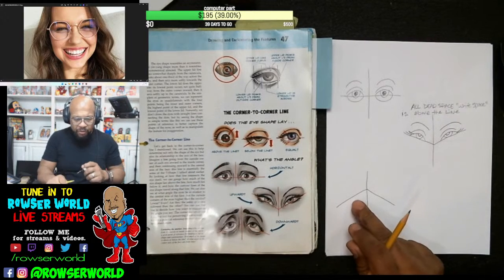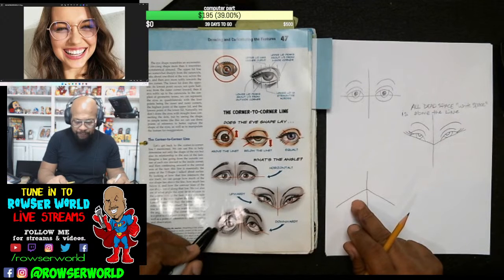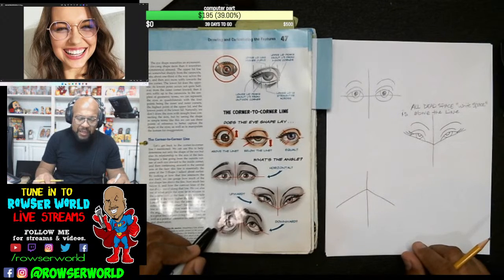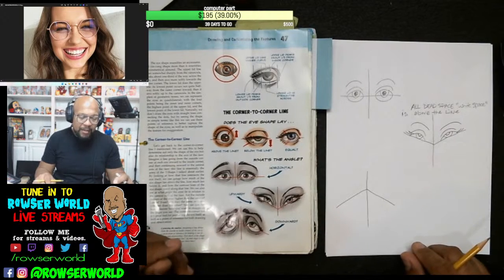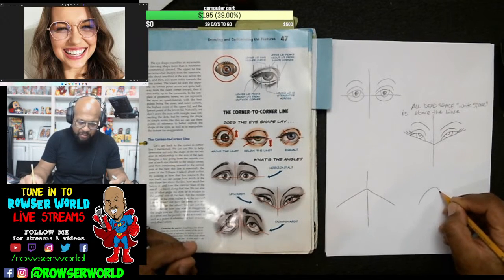Now, here we have another shape. This is a downward shape. What I'm noticing with the downward shape is that I would think this shape is a little bit more bird shaped. If you think of a bird that kind of looks like this, let me show you a little bird right here.